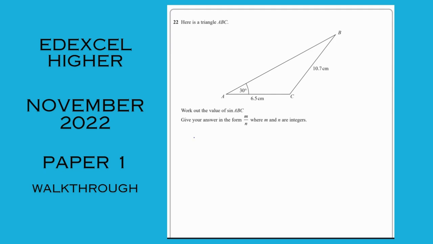So we can say that sine 30 divided by 10.7 will equal, it wants the sine of angle ABC. Fortunately, it's opposite the 6.5. So sine of the angle, call it something else if you want, but it's 6.5.